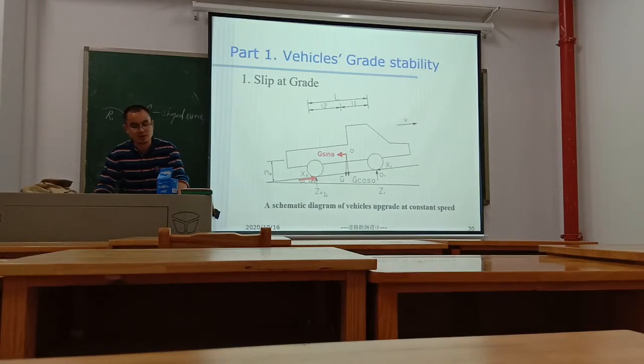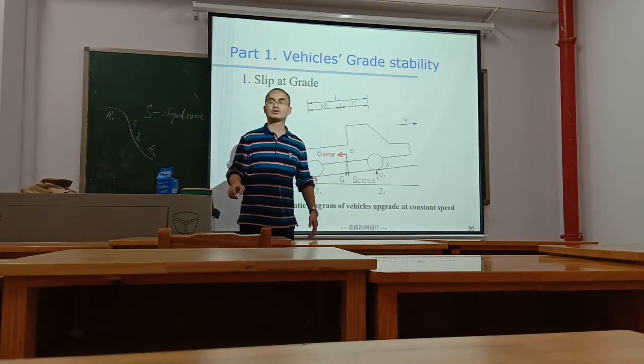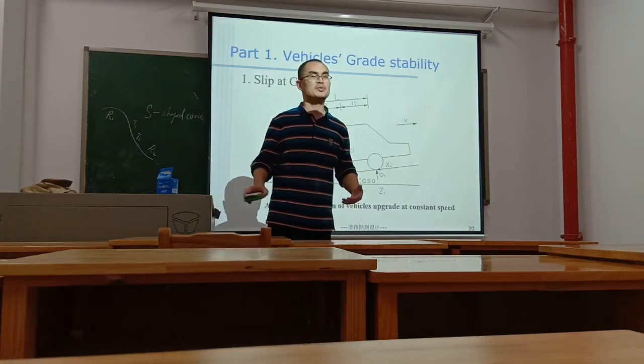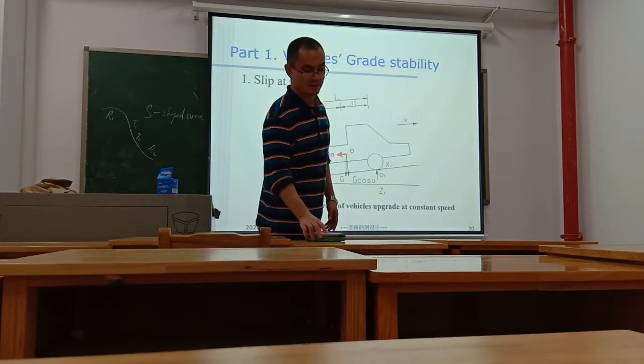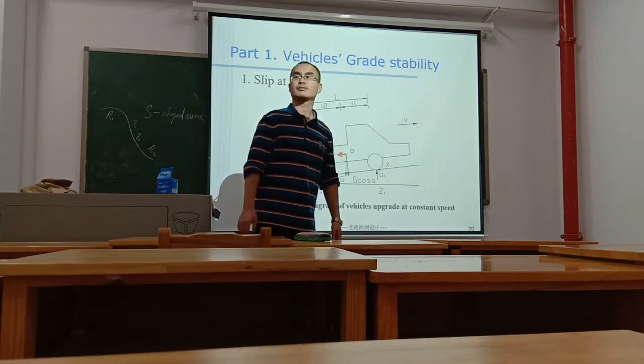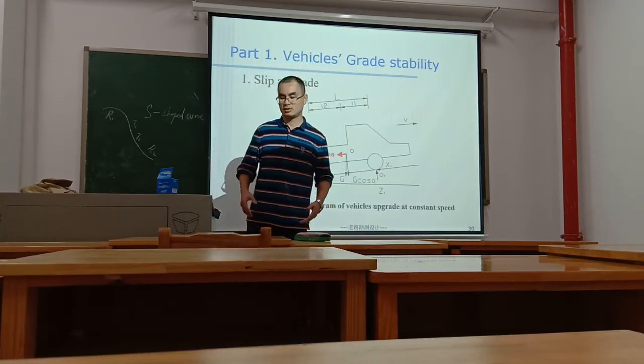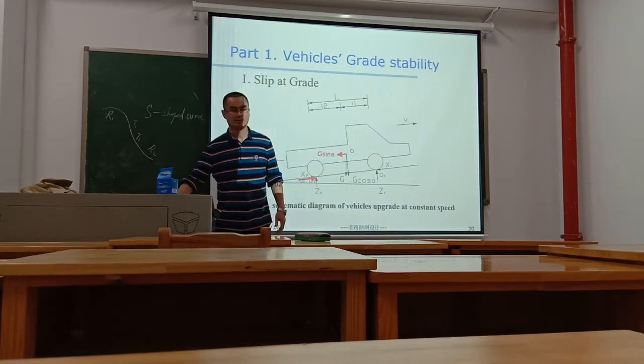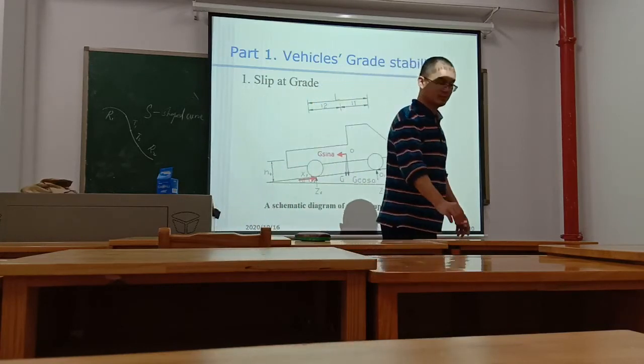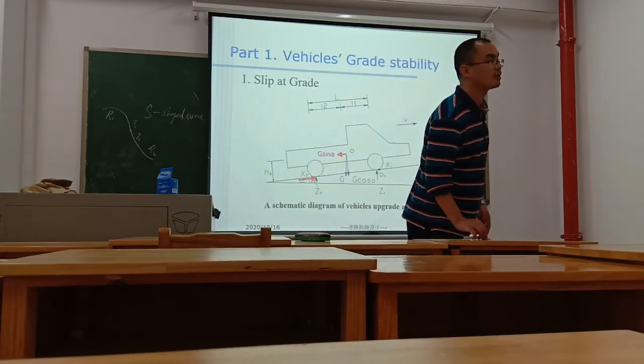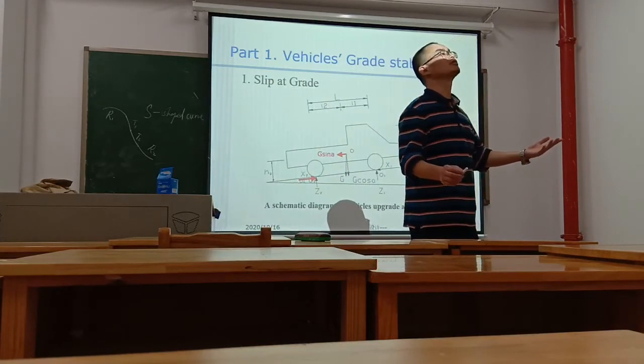X1, X2 are friction forces, like resistance. How to spell it? Friction. This is the wheel. Friction force.